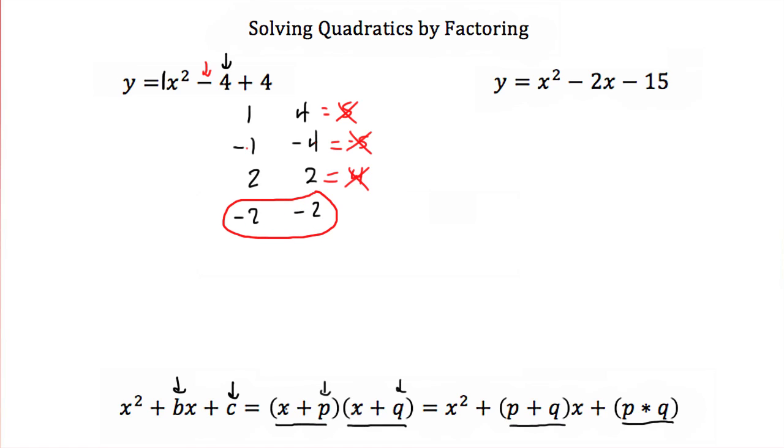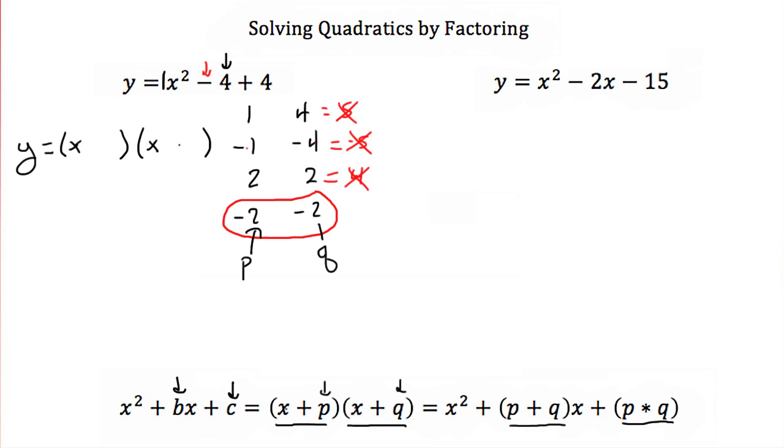So if it's negative 2 and negative 2, that means one of these is my p, and one of these is my q. So then to write this in factored form, we'll have y is equal to two binomials in parentheses. The first term in each binomial is just x, or 1x, because the only way to get 1x squared is just to multiply x times x.